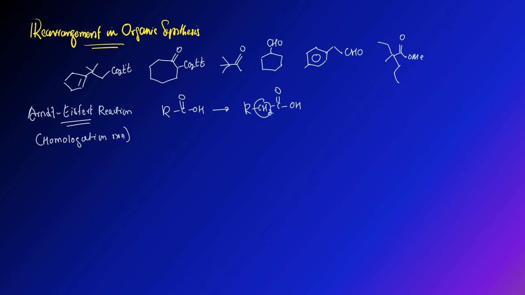So how does this reaction take place? Usually we call it homologation because the next higher homolog of the starting material is obtained. Usually this method is popular for producing beta amino acid from alpha amino acid.